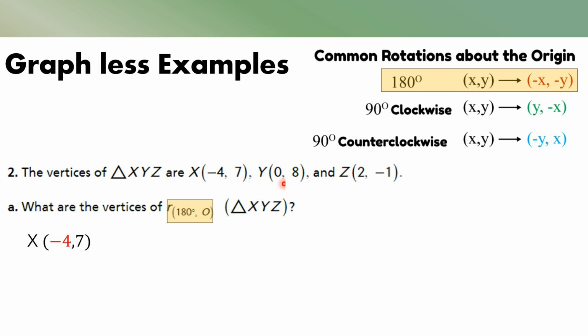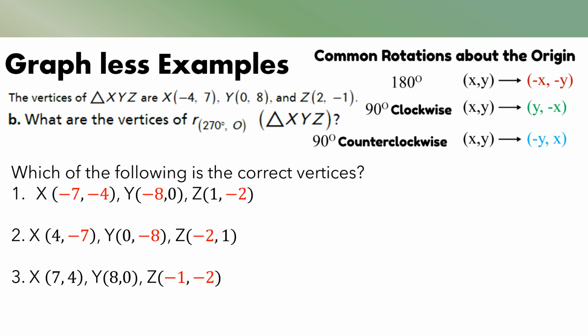So -4, 7, we swap the two signs, making it 4, -7. 0, 8 will become 0, -8. And we forgot to put the little prime symbol. Z, which is 2, -1, will become -2, +1.